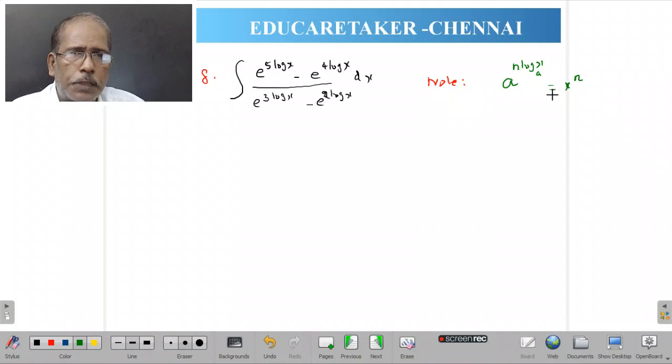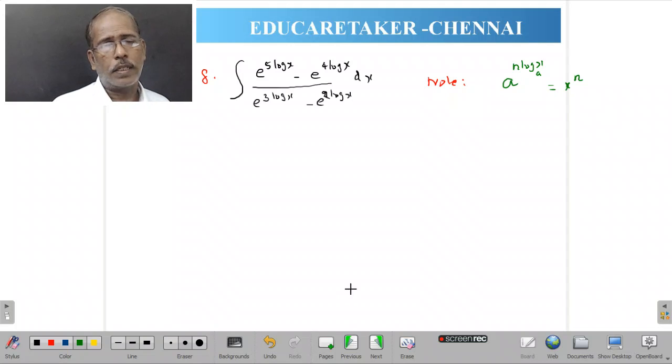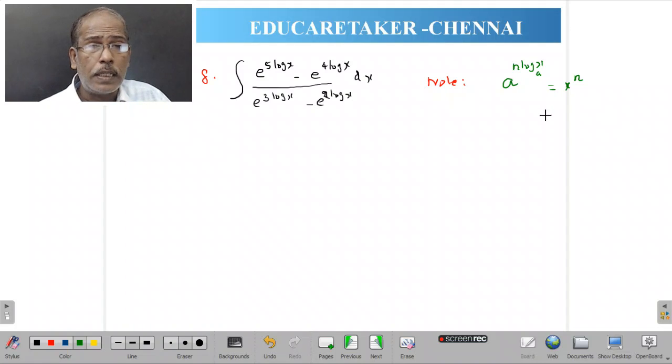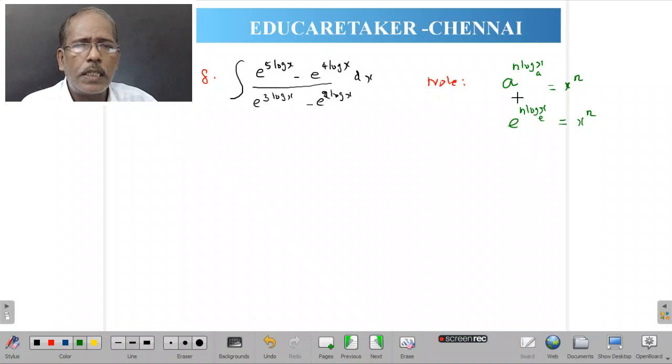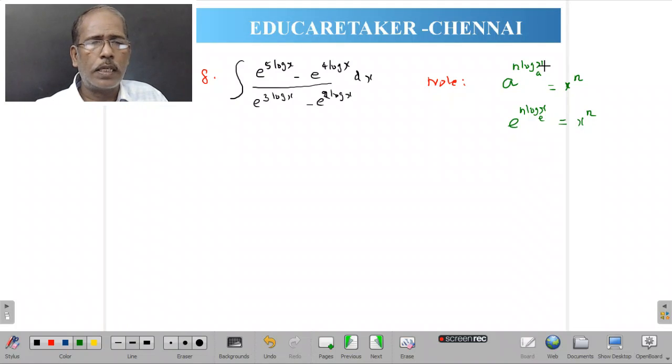Why? Because a power x and log x to the base a are inverse to each other. Similarly, e power n log x to the base e, the two bases should be the same, then this is nothing but x power n. This is the general result. a power n log x to the base a equals x power n. Here e power n log x to the base e equals x power n.